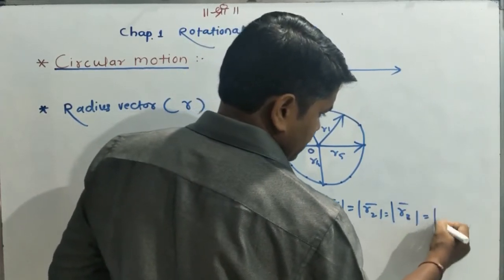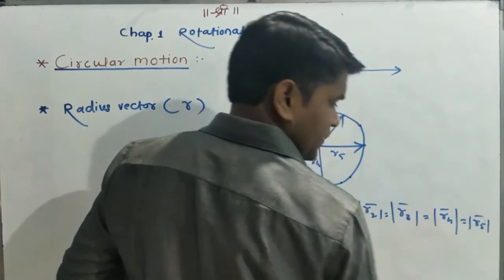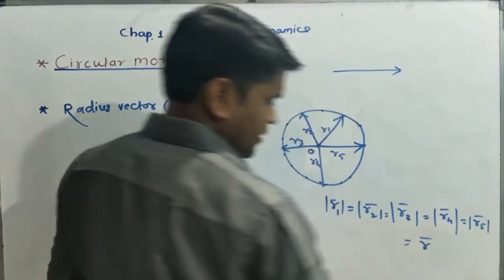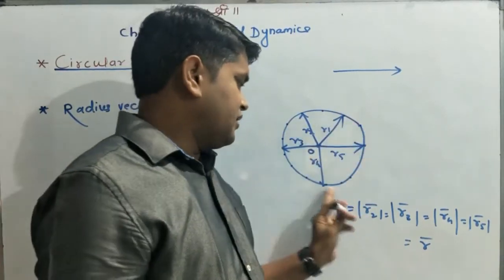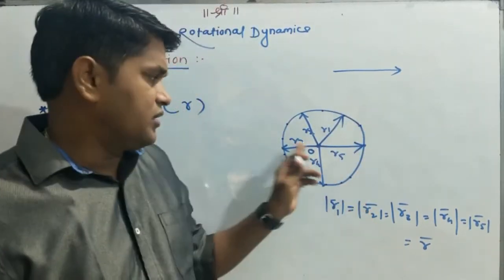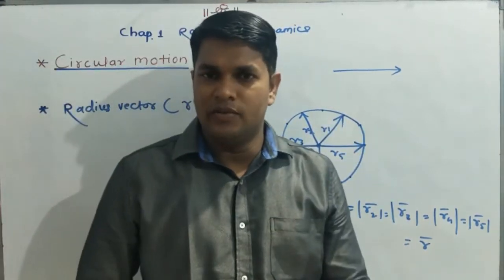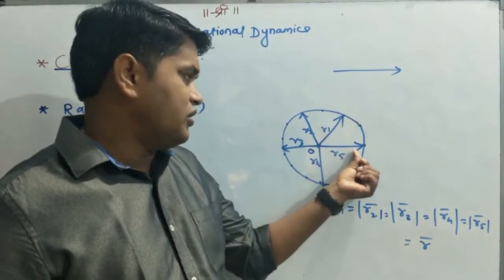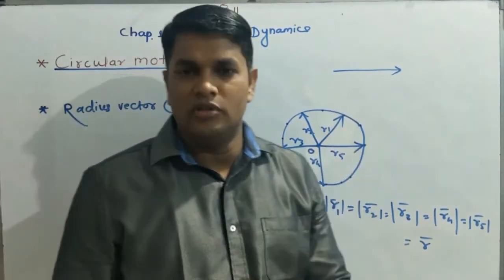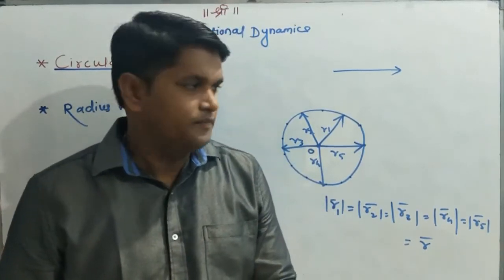R3 bar is equal to R4 bar is equal to R5 bar, so we can write R bar in common. But the direction of each radius vector is different. The magnitude is the same, but the direction is different for different radius vectors. And if we observe again, the direction of the radius vector is away from the center of the circle.